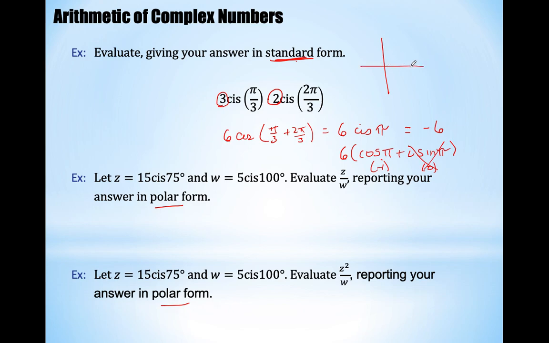You're telling me if I radiate 3 and rotate to 2 pi over 3, whoops, I'm sorry. Radiate 3 and go pi over 3. Radiate 2 and rotate to 2 pi over 3.